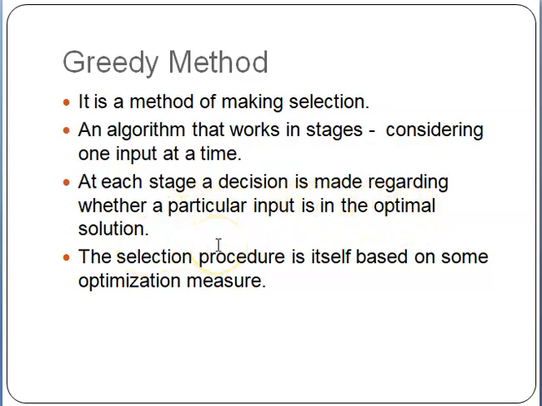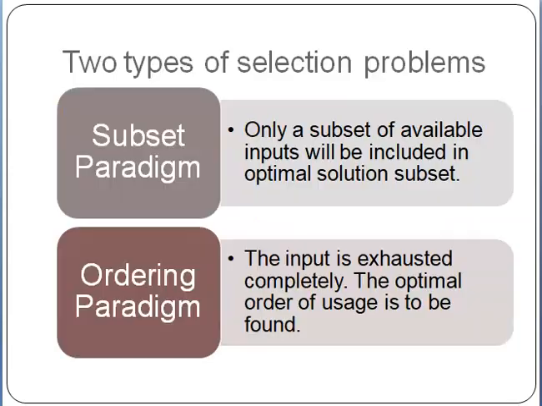Generally, greedy method will not give you an optimum solution. It will give you a feasible solution. If you want an optimum solution always, then you must follow the dynamic programming technique, which is already discussed on my channel. Then the selection procedure is itself based on some optimization measure, that is, some optimization function based on which we are going to make the selection.